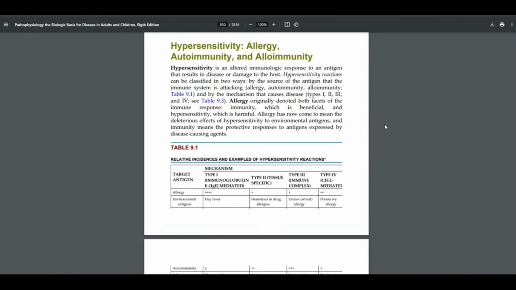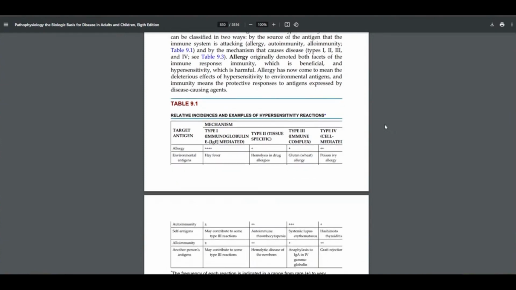Look at table 9.3. Allergy originally denoted both facets of the immune response: immunity, which is beneficial, and hypersensitivity, which is harmful. Allergy has now come to mean the deleterious effects of hypersensitivity to environmental antigens, and immunity means the protective response to antigens expressed by the disease-causing agent.